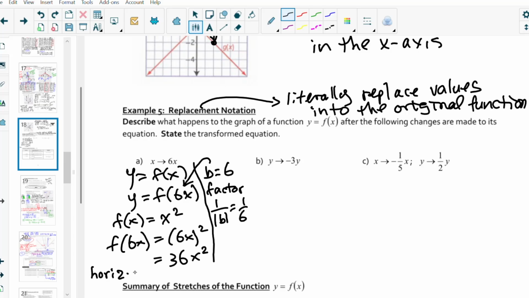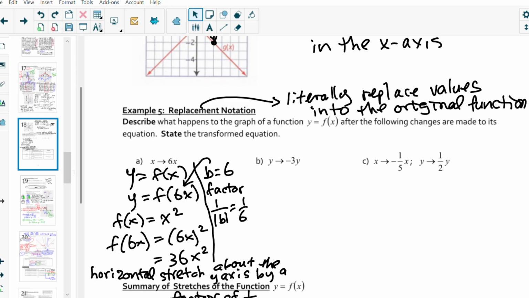This is a horizontal stretch about the y-axis by a factor of not 6, 1/6. Okay? So basically all the x values you're multiplying by 1/6.